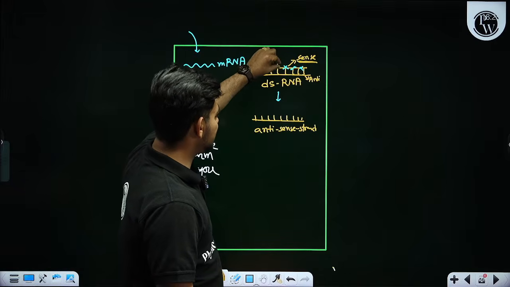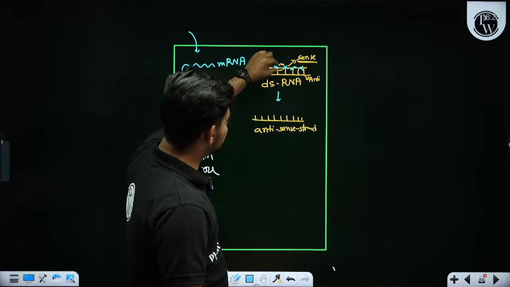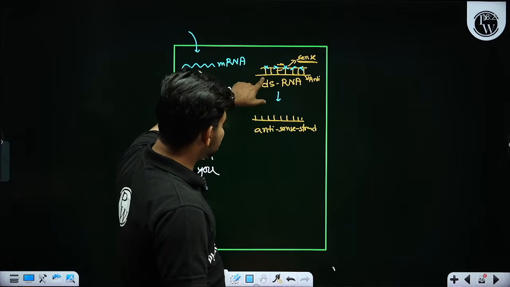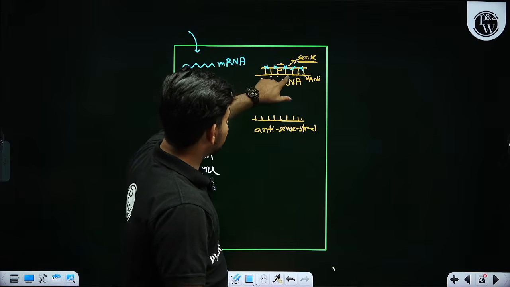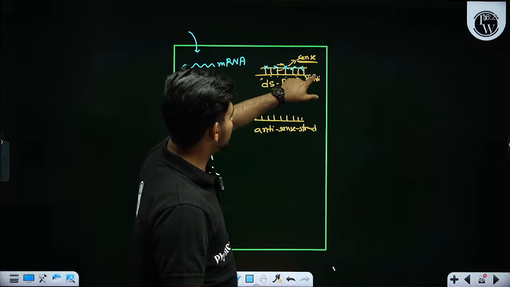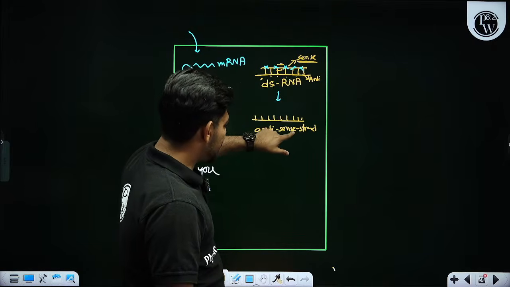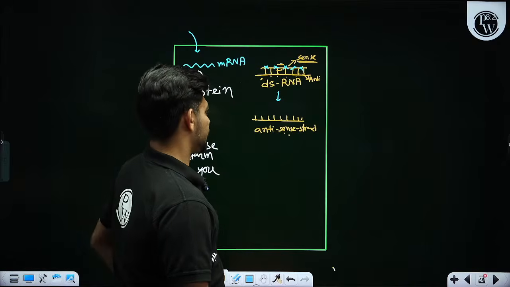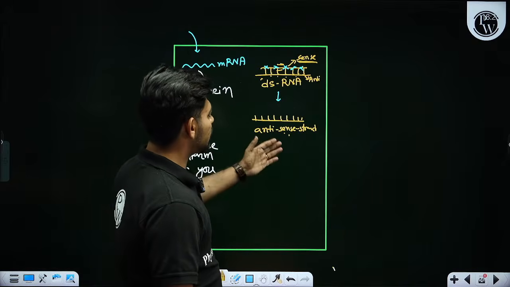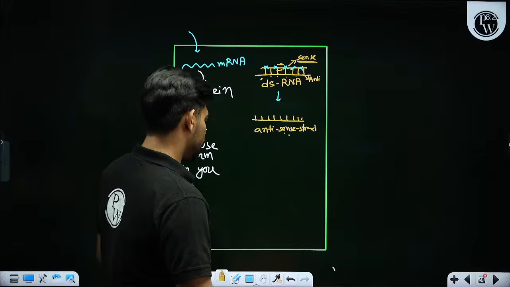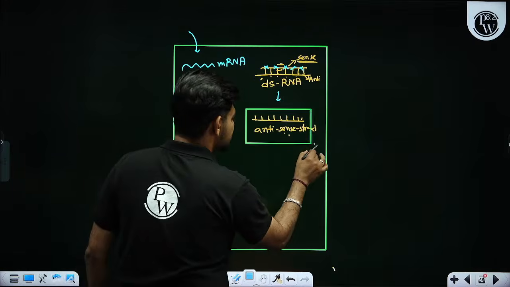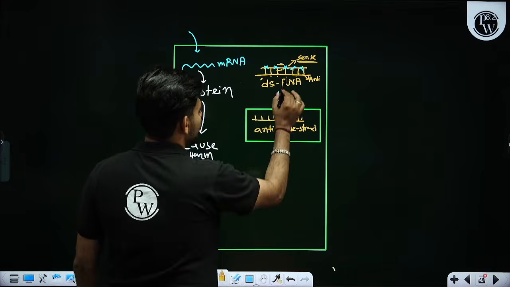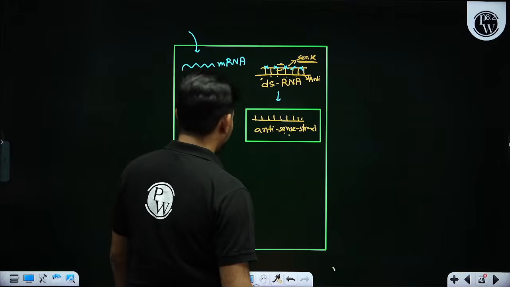The sense strand can be translated, but the antisense strand cannot be translated. So that is the duty of the RNAi technique, to produce an antisense strand of RNA from a double-stranded RNA molecule.